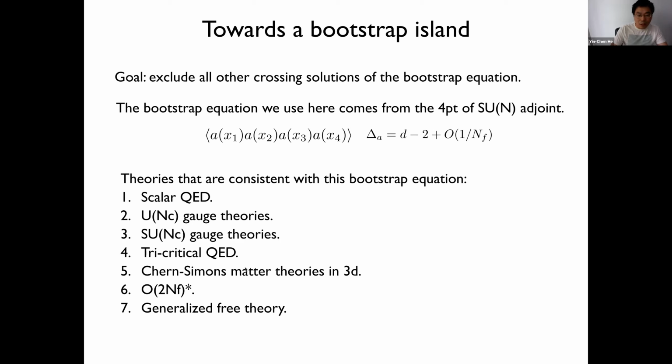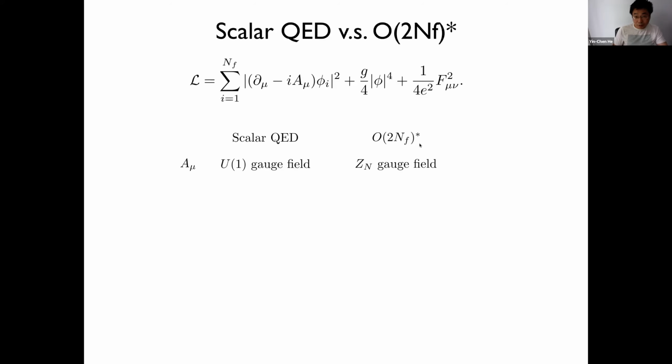I will not walk through every single theory that I listed here. I will just give you an example, the so-called O(2)F*, which I think is probably the most illuminating one. Recall that scalar QED is just critical bosons interacting with a U(1) gauge field. You can certainly replace this U(1) gauge field with some discrete gauge field. By doing this, we get a theory that in the condensed matter literature is called O(2)F*.